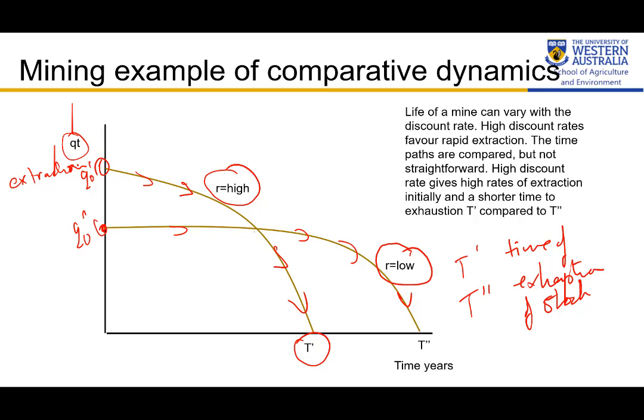You could compare the different rates of extraction at different points in time, and you could compare the time to exhaustion as a way of comparing the two time paths. Comparative dynamics is much more complicated, so it's harder to compare time paths than it is a single point.